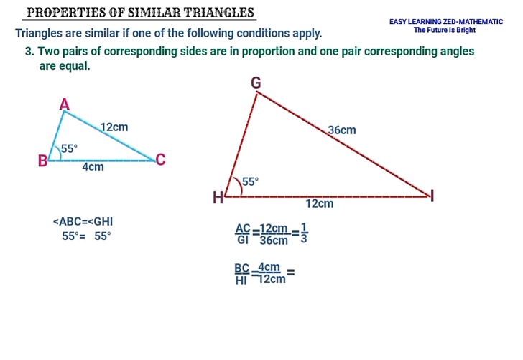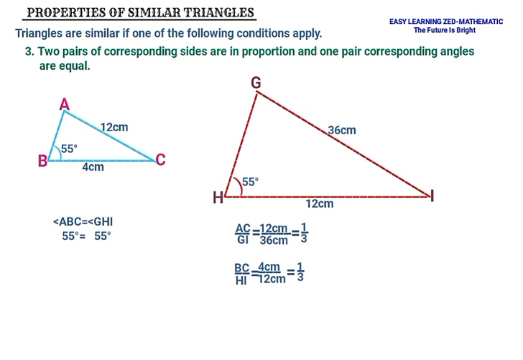So 4 into 4 gives us 1, then 4 into 12 will give us 3. Here we come up with a ratio which is 1/3. Now, the first measurements we took, AC and GI, also gave us the ratio 1/3, and BC and HI gave us the ratio 1/3. So the ratio is the same.